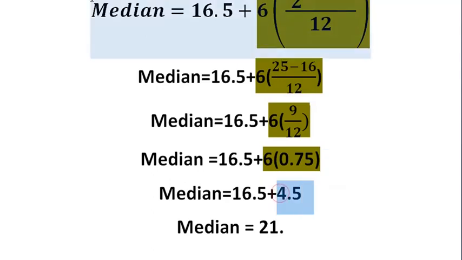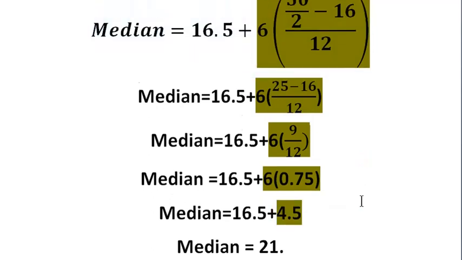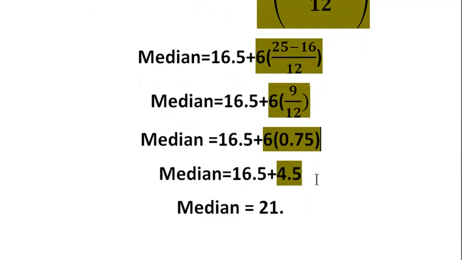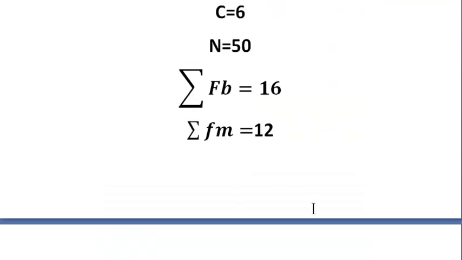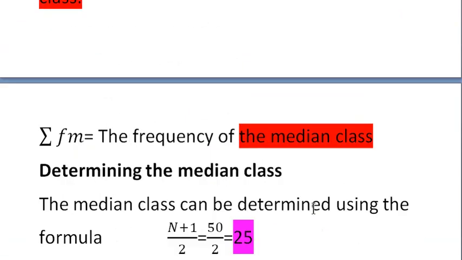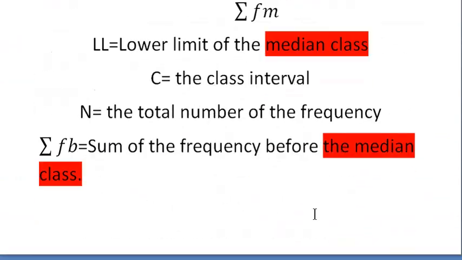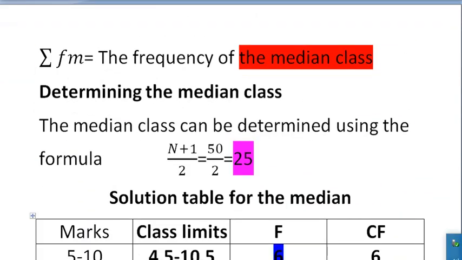So finally you add the value to 16.5, and the answer becomes 21. This is how you can calculate the median of grouped data.